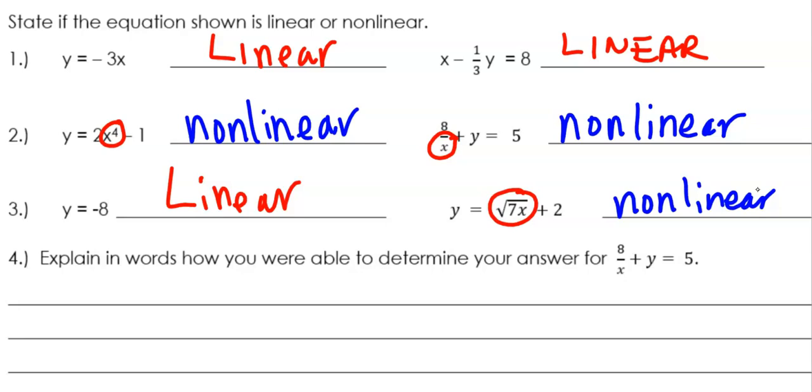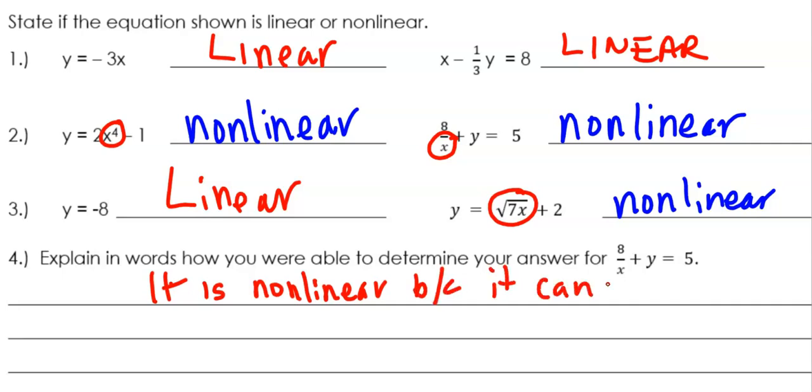So question number 4 asks you to explain in words how you were able to determine your answer for why this equation is nonlinear. And the answer is, it is nonlinear because it cannot be written in y equals mx plus b form.